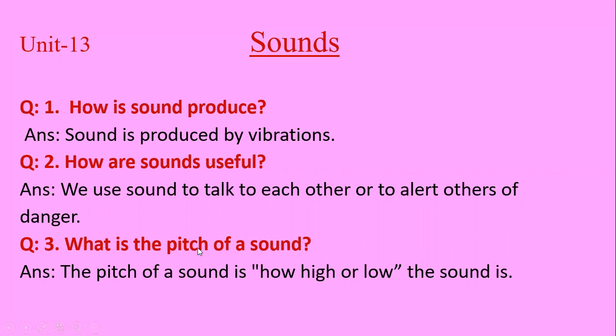What is the pitch of a sound? The pitch of a sound is how high or low the sound is. Understand about the pitch? When the sound is high, the pitch is high. When the sound is low, the pitch is low. So it's very easy to understand that the pitch of a sound means how high or low the sound is.